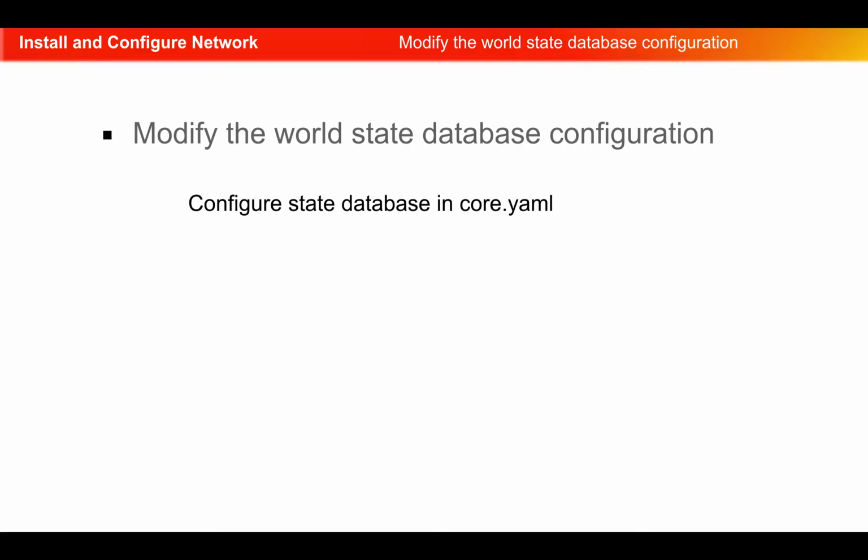So you can configure the state database, whether you are going for LevelDB or CouchDB, and this configuration can be done in two ways. The first way is using core.yaml. Now let us look into how we are going to set these details of the world state database in core.yaml.